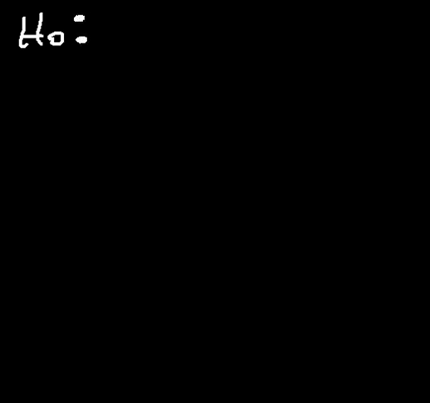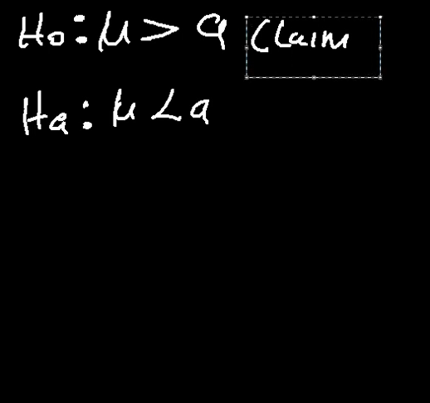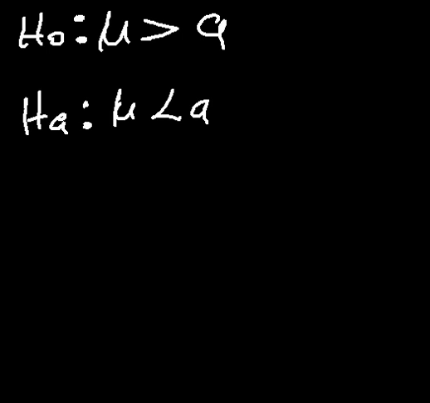Let's say the null hypothesis says that mu is greater than the mean, which is given as A. In this case, the alternative hypothesis, which is symbolized as HA, will have to say mu is less than A. Mind you, the null hypothesis is also said to be a claim. And this is true for all of the following phrases.